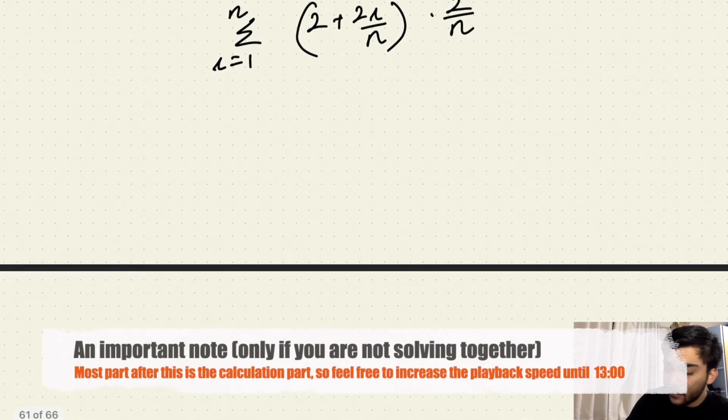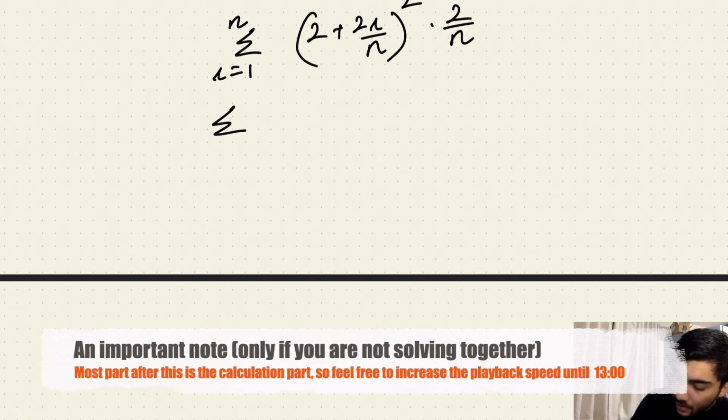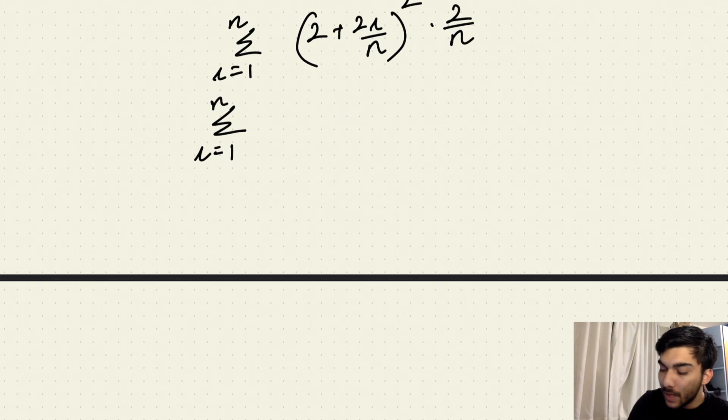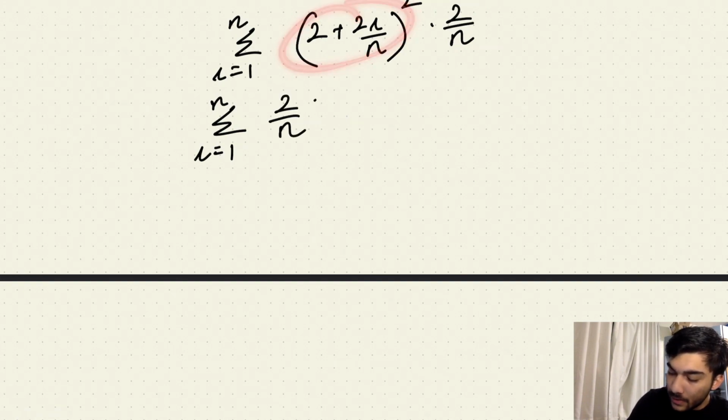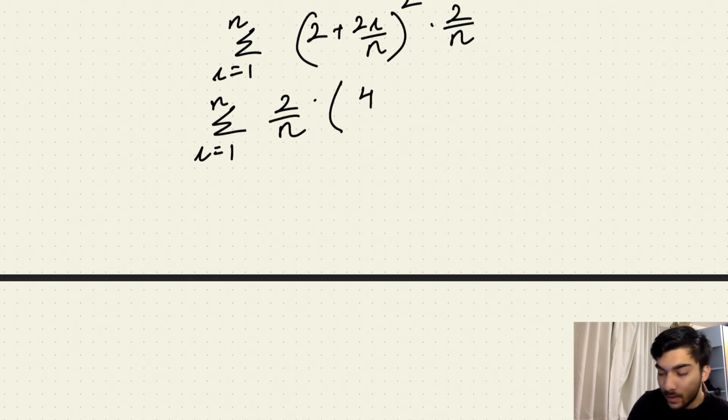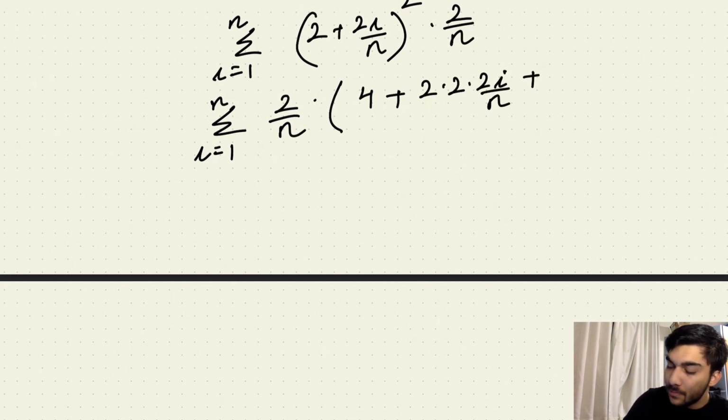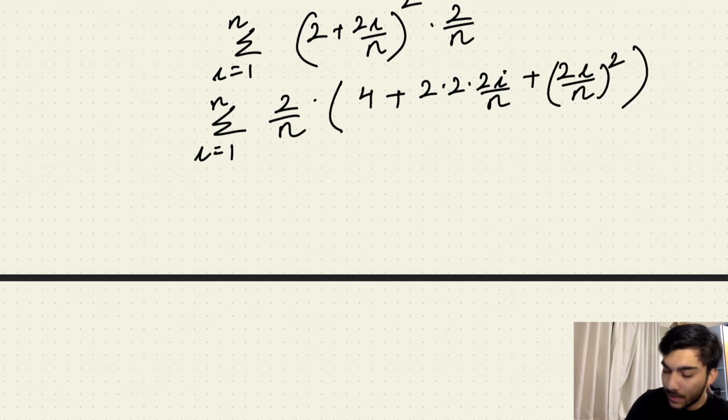So now if I open the square, I have sigma i goes from 1 to n. Let me put this 2/n on the left hand side, and then my square part would expand to a square, which is 2 square, that is 4, plus 2ab, so 2 times 2i/n, plus b square, which is (2i/n) square in this case.